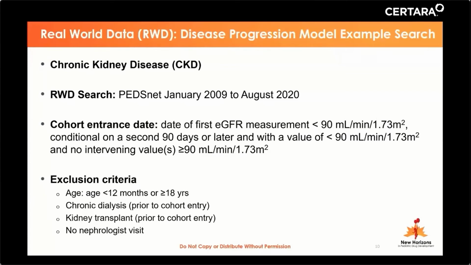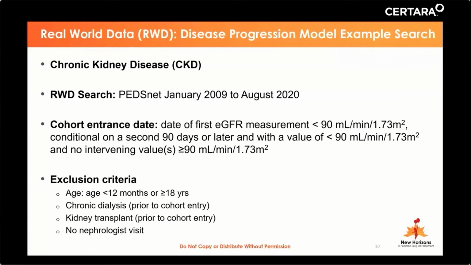And that's a quality control check to make sure that the patients are on a slope of decline in their renal function, so that there's not an episodic increase and decrease in renal function, and there's stability, and that these patients are going to go on to continue to decline. The age inclusion criteria, and eliminating patients who are at their end stage because they have significant kidney disease, are listed there.